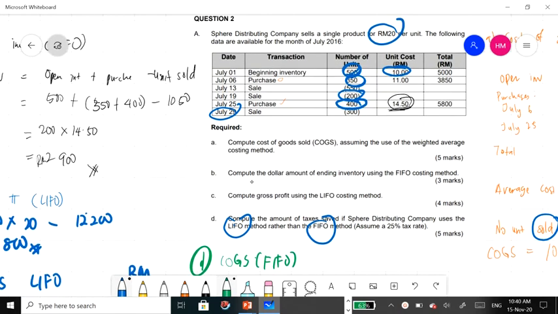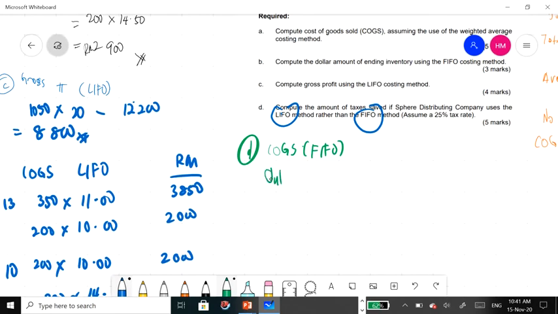Sama, kita akan ambil 550 first in first out. So 500 kita akan ambil yang RM10, 50 lagi kita akan ambil yang 11.